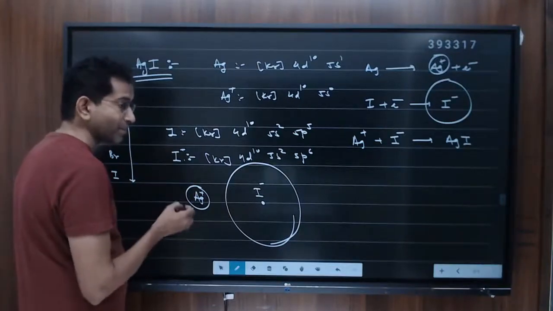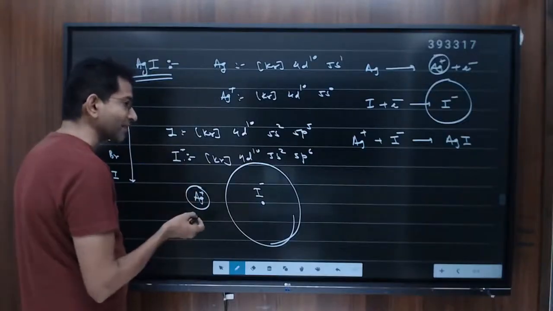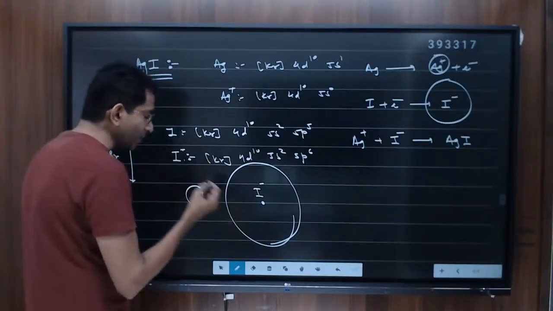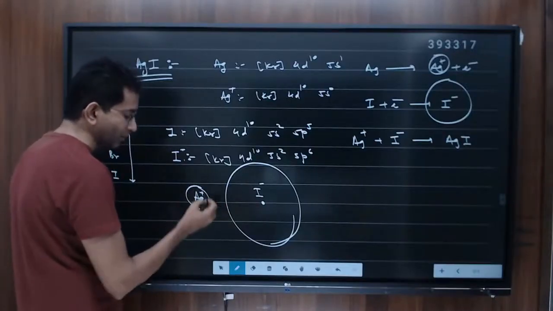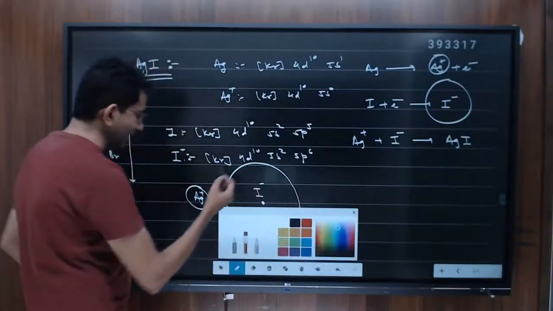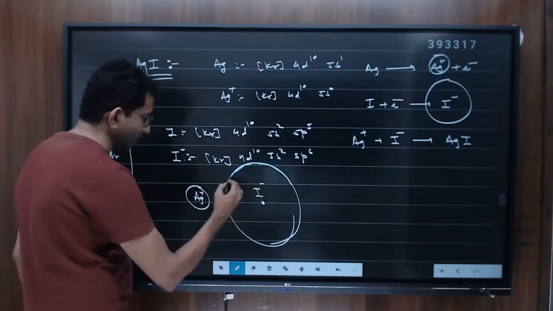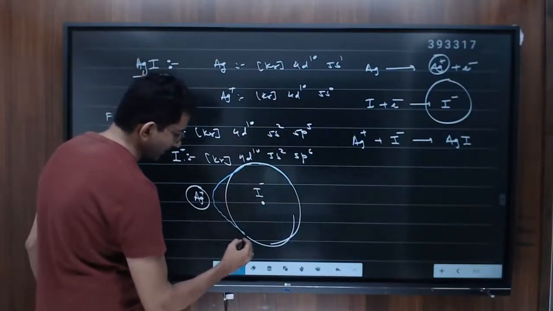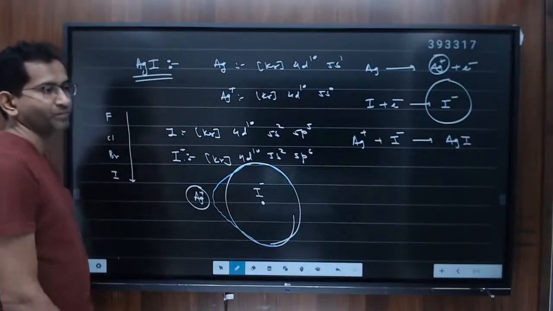It is capable of attracting its own electrons, but even after that the spread of the positive charge remains outside its own boundary. So it has a tendency to attract the electron cloud of I minus also. So this electron cloud remains somewhat more attracted towards Ag plus also.